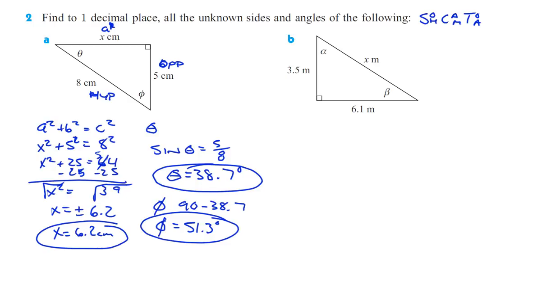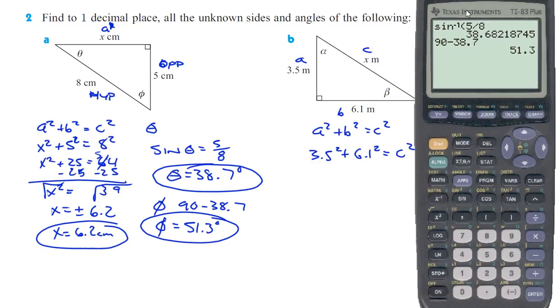Okay? All right, let's do B. So we've got A, B, and C for our a squared plus b squared equals c squared. So we've got 3.5 squared plus 6.1 squared equals c squared.